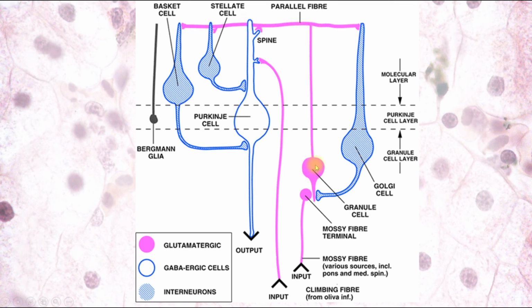So there are different blocking cells, for example, Golgi cells. They also receive information from parallel fibers, from axons of granule cells, and they send blocking impulses to glomeruli of cerebellum, and they block conduction of information on this level. Another blocking cells are stellate cells. They also receive information from parallel fibers, and they send blocking impulses to the dendrites of Purkinje cells.